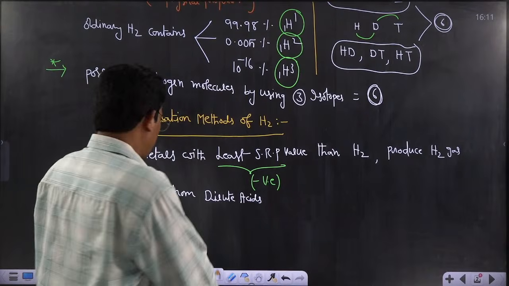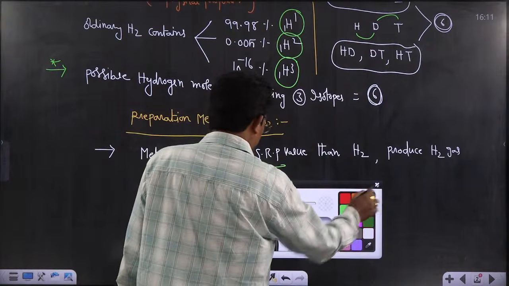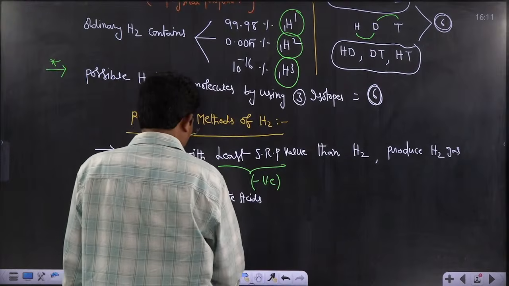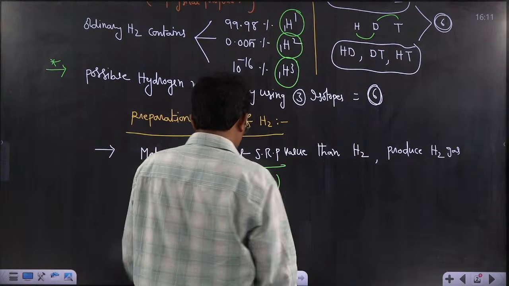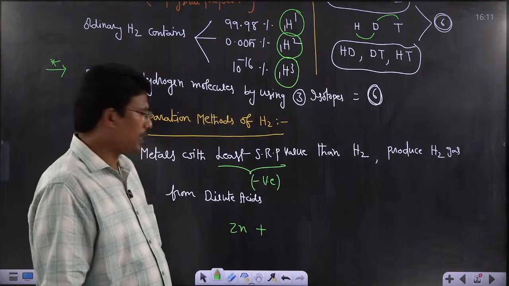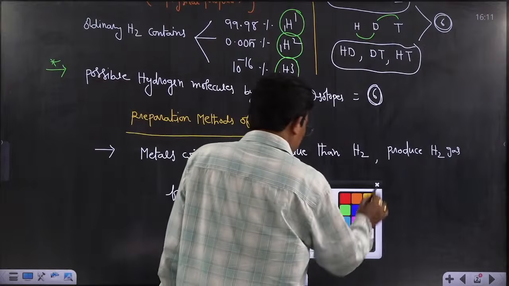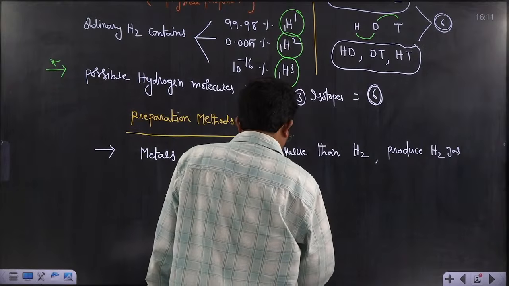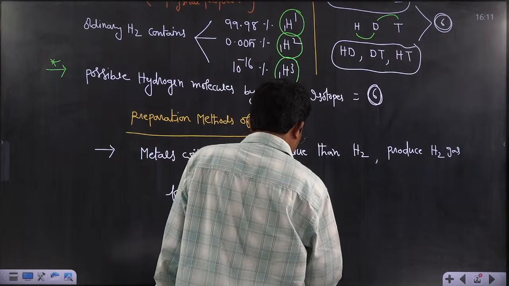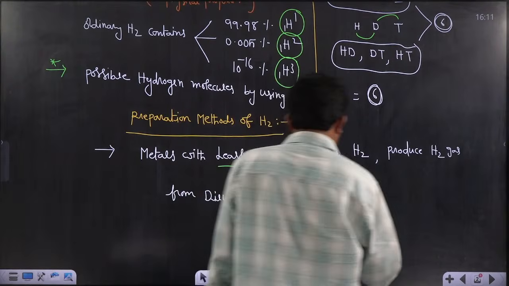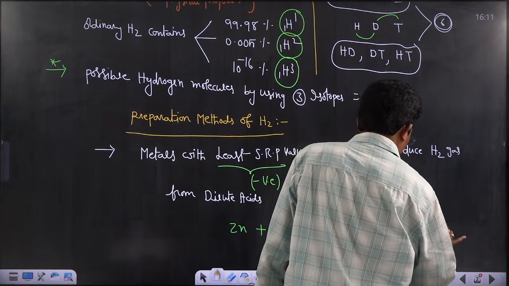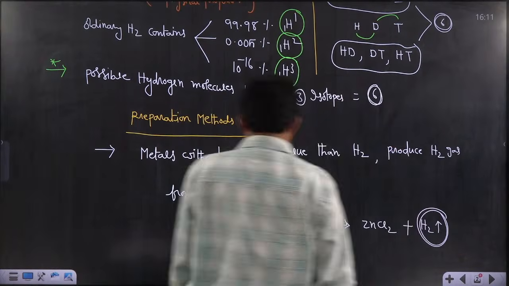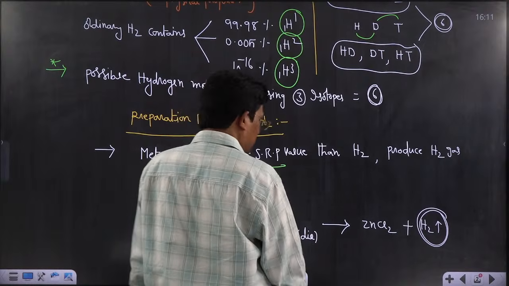For example, zinc metal. Zinc has a negative SRP value. When zinc is added to dilute hydrochloric acid, we get zinc chloride along with H2 gas. 2 moles HCl is required.